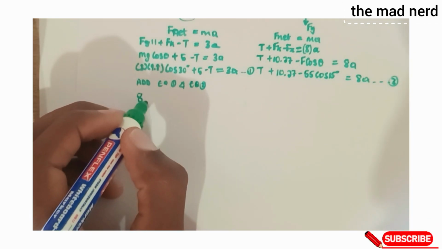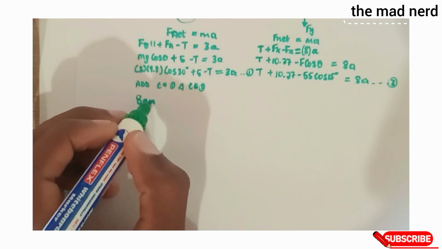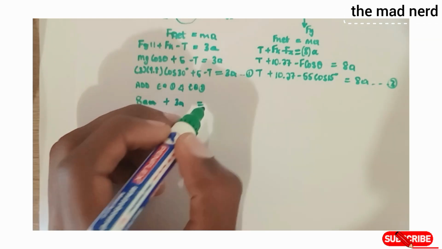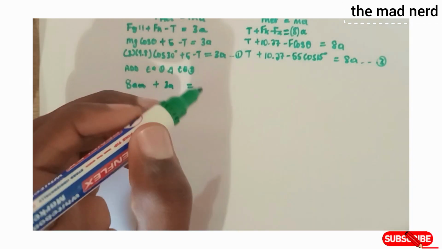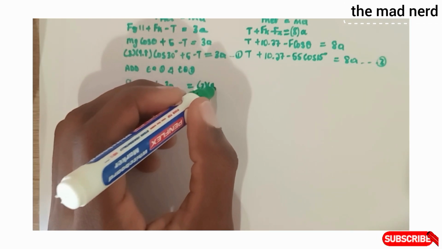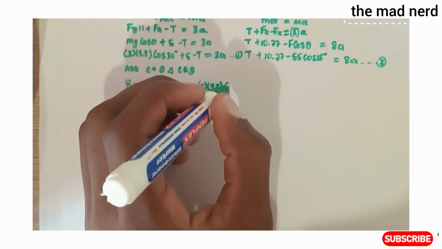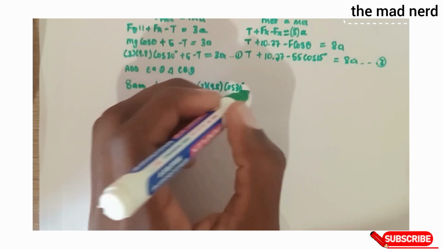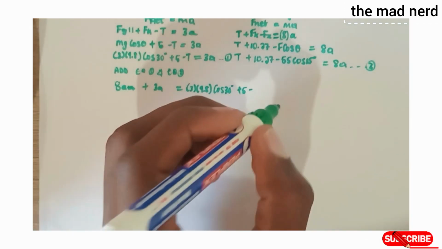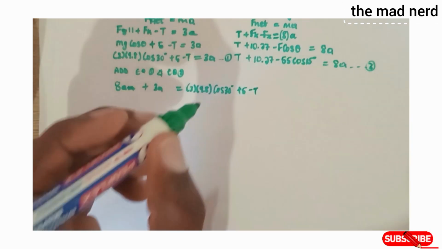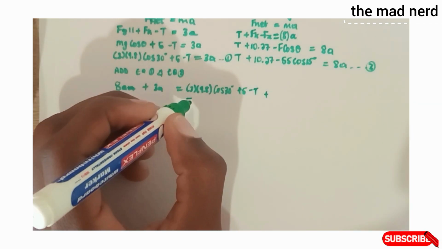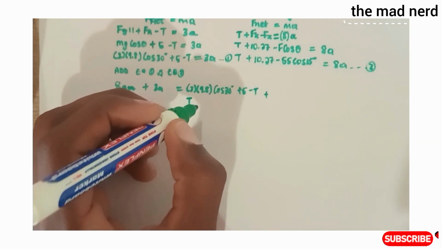So we say now it is 8a plus 3a, which equals 3 into 9.8 times cos 30 degrees, plus 5 minus T, plus, now let's add those, plus T on the bottom side.